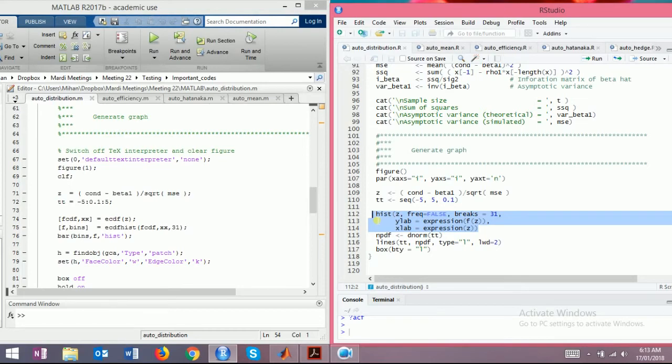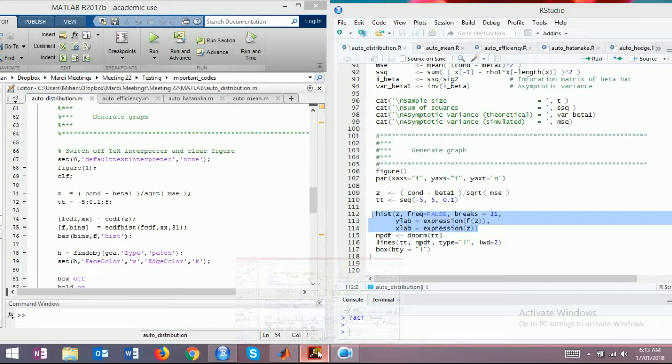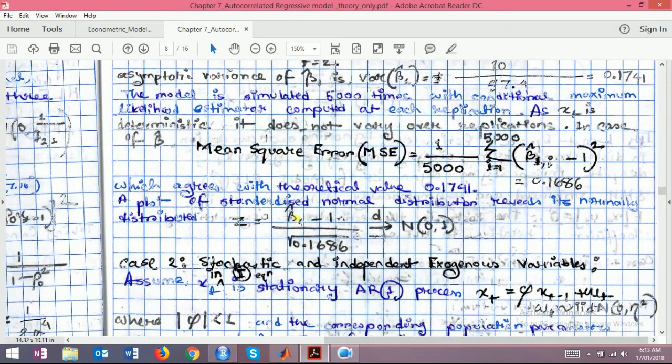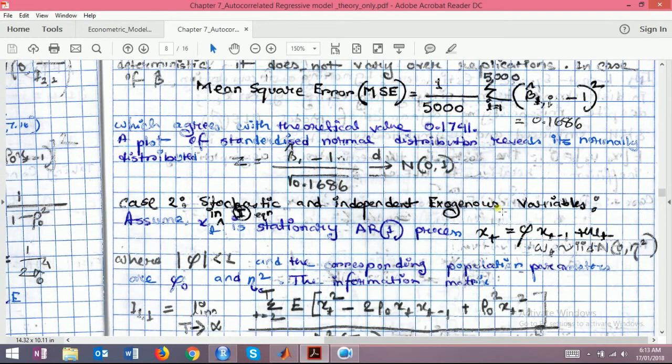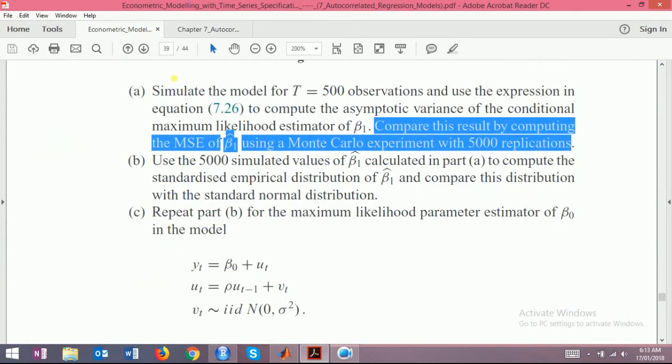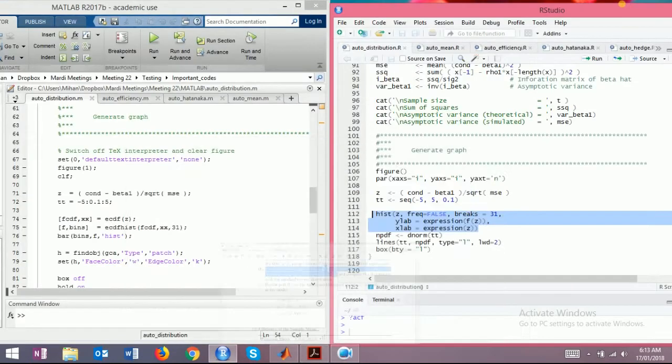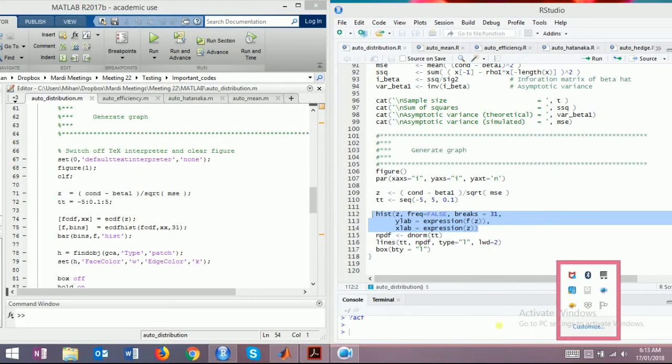So a histogram of z, we want a histogram of z against the normal distribution. See, estimated 5000 replications minus beta naught, divided by root mean squared error, and then we just draw a graph with this. Compare this distribution with a standard normal distribution. So that was it.